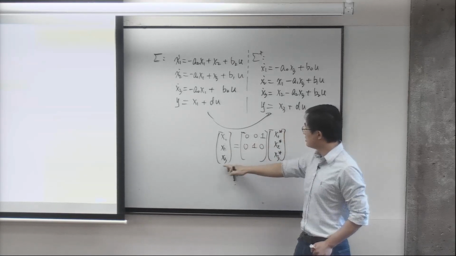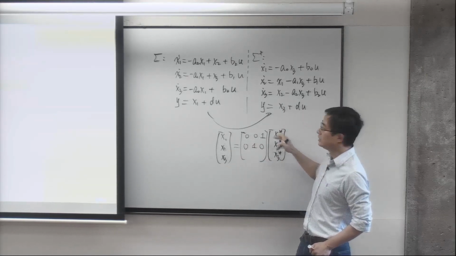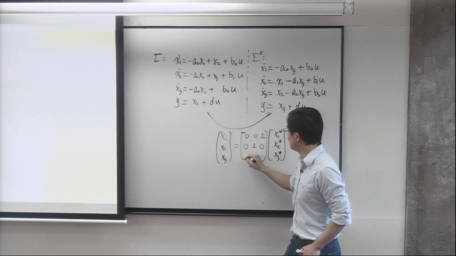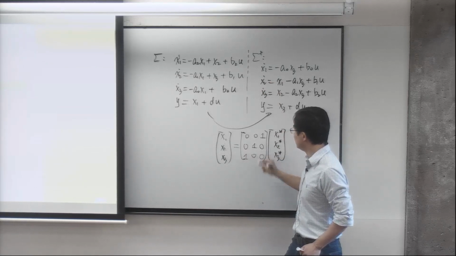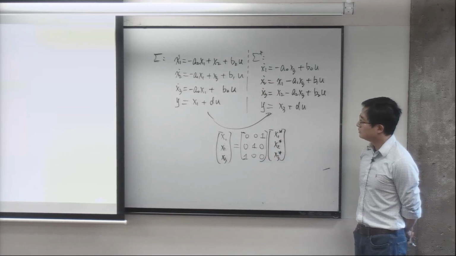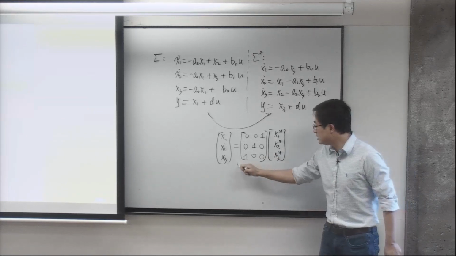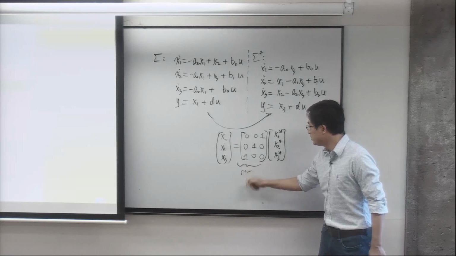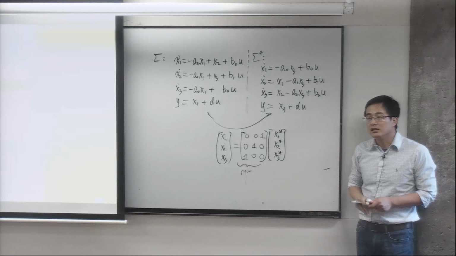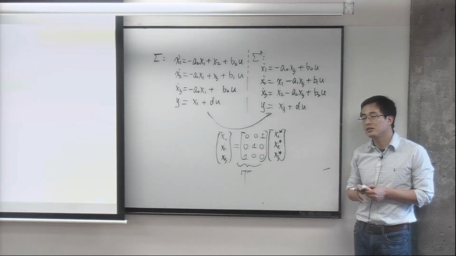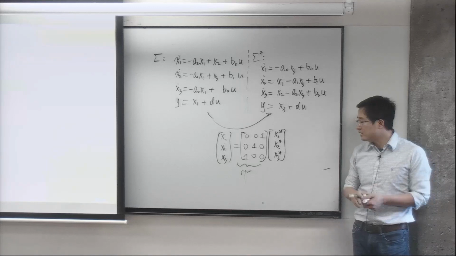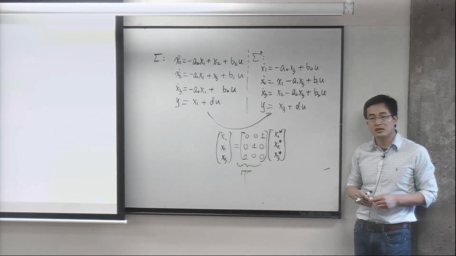And the third state becomes the first state in the system. So this is the T matrix in the similar realization that transforms one choice of states to another set of states.